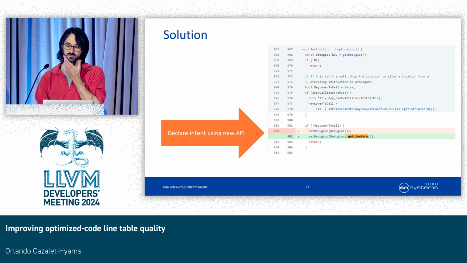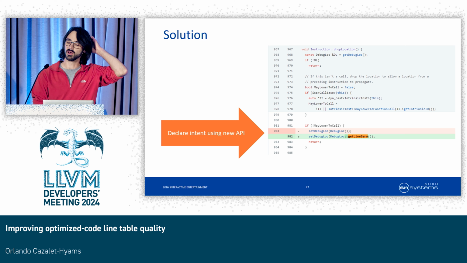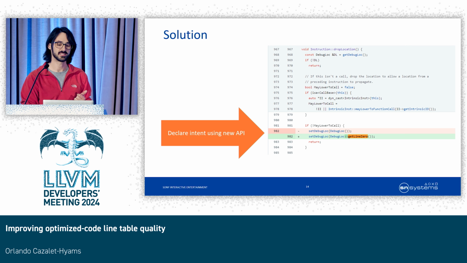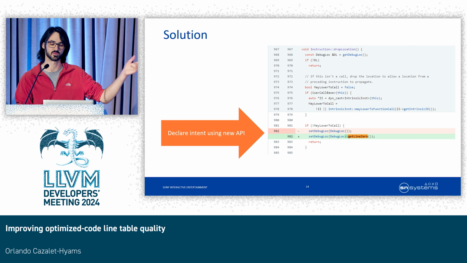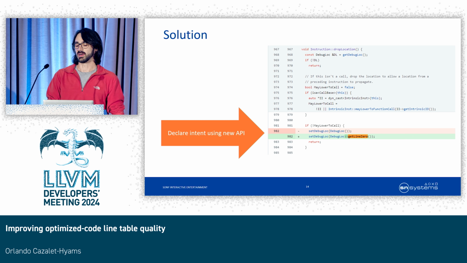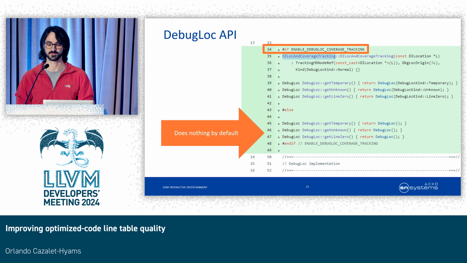So our solution is pretty simple. We just have pass authors declare that they did mean to drop a debug location, they're doing it on purpose, using a new API to signal their intent. The slide contains a diff replacing a default DebugLoc constructor call with a function that would be included in this API. And Debugify can then use the additional information that we've got to discern accidental drops from intentional drops.